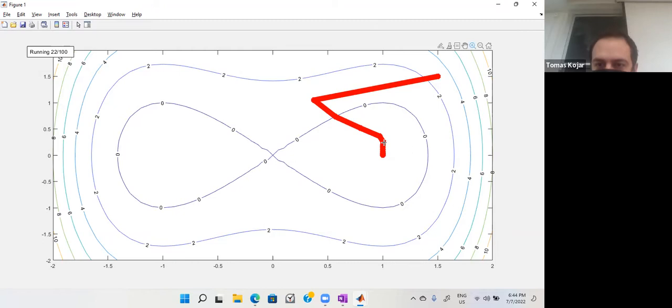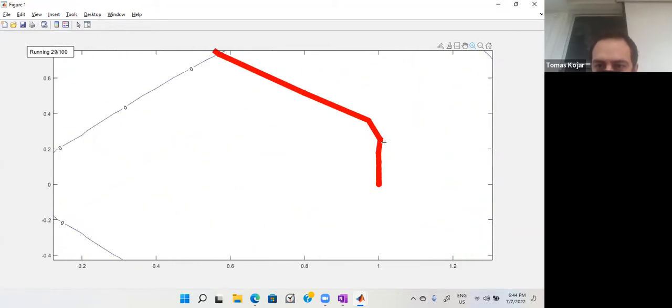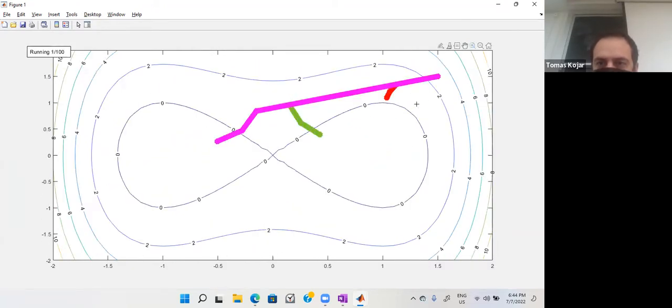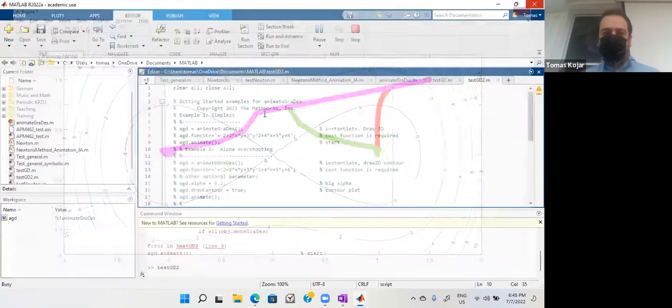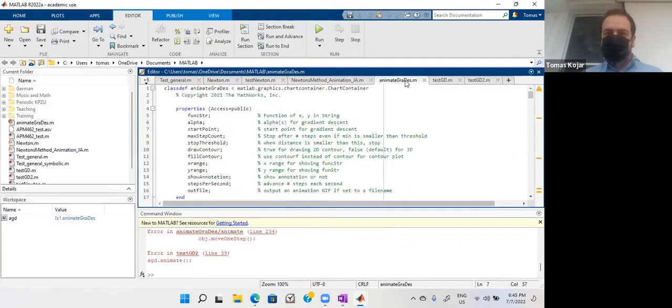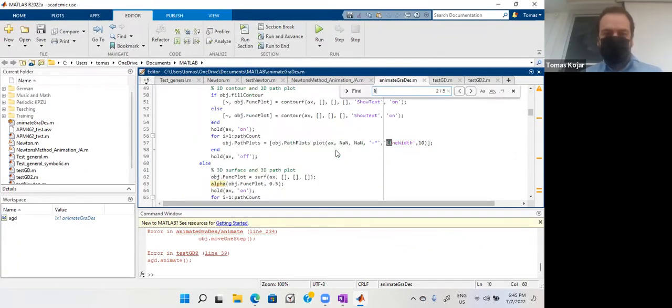It's very annoying, because I made the line so thick, like 10. Let me make it 1.